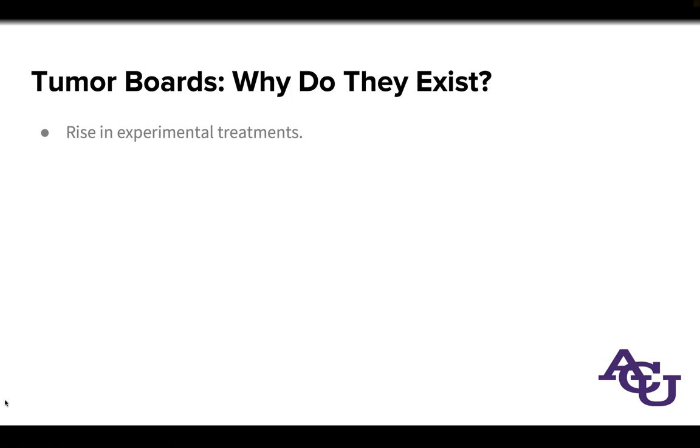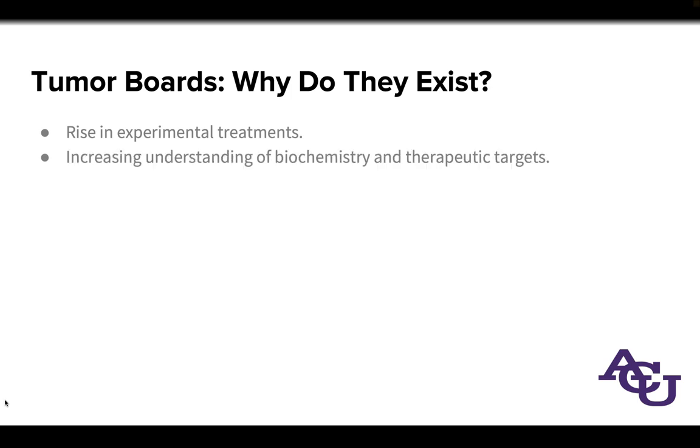And so these are things that are simply more available, and it gives more opportunities. At the same time, we have an increase in our understanding of the biochemical fundamentals underlying cancer and the therapeutic targets of different therapies: radiation, chemo, drugs, things like monoclonal antibodies.